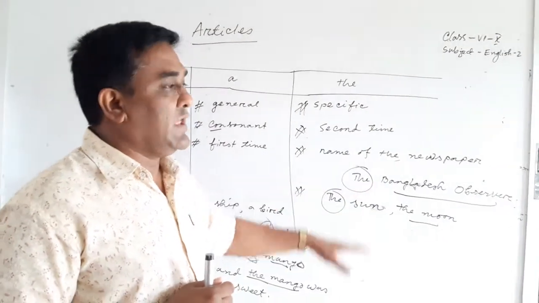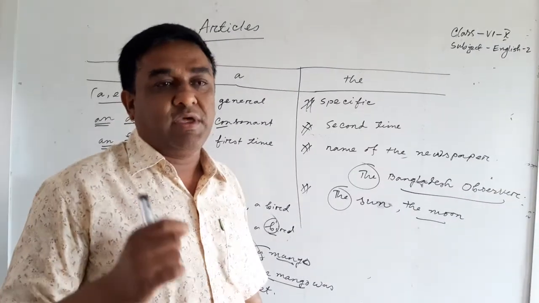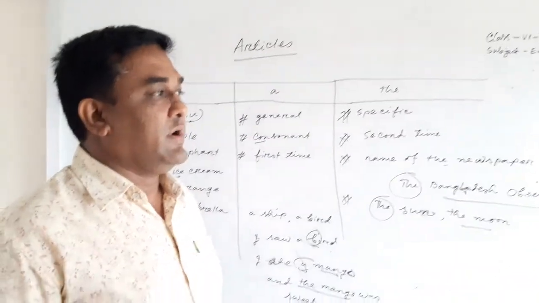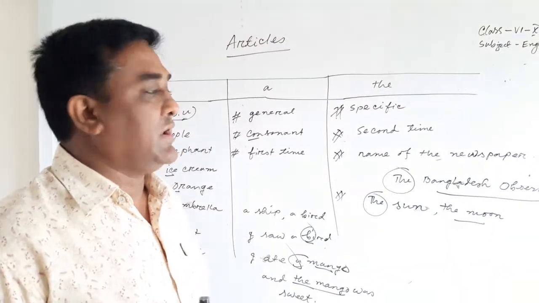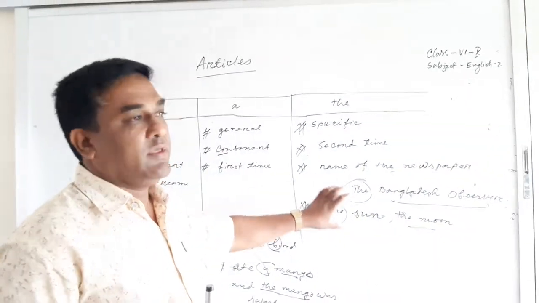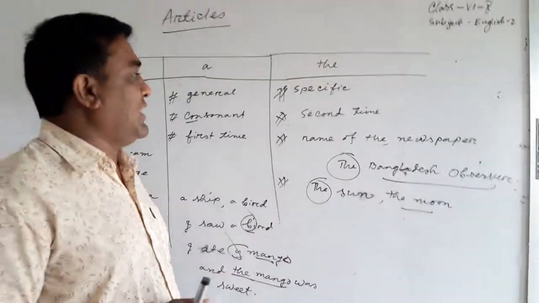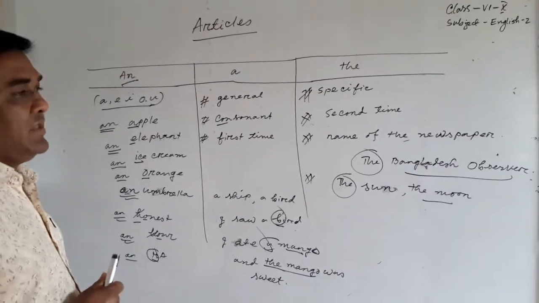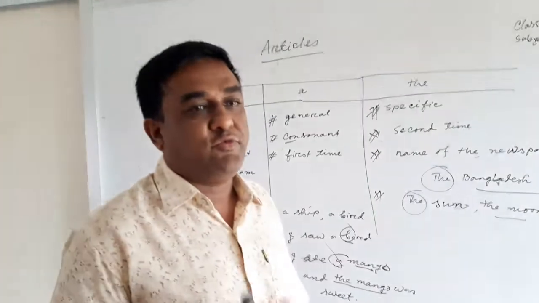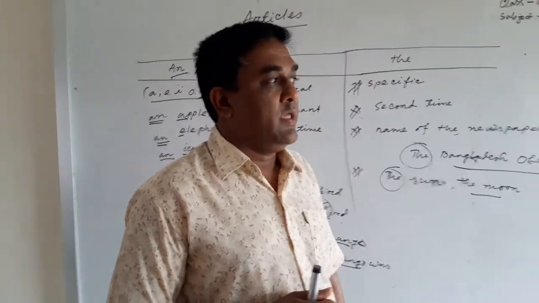So there are many more uses of articles, and articles are very important for making meaningful sentences in our daily conversations or in our writing. This is very easy and very important. So you learn some other uses of articles, and remember this. Today I do not want to proceed. I want to end here.